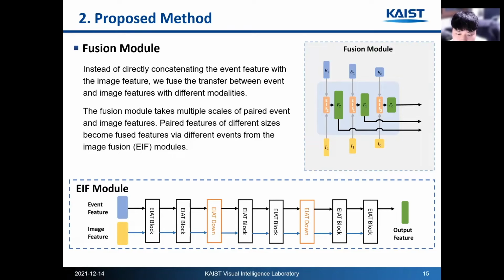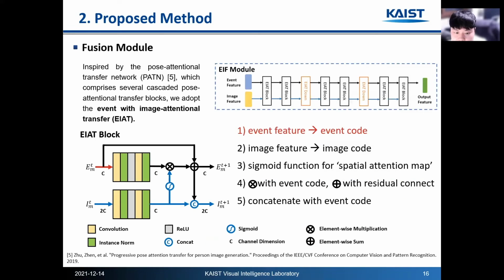The fusion model combines event and image features in pairs through the EIF module. Events and image features of the same size enter the same EIF module and become one fused feature. As shown in the figure below, the EIF module is composed of EIA up and EIA down, which will be explained in detail in the next slide.